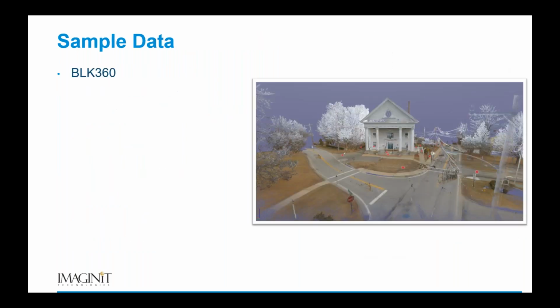All right, let's look at some of the sample data. This is a BLK 360. This is data I took in my town here, and you can see that along the road there's what looks like a lot of noise. I wanted to leave that in because it's very important to understand that the scanner is going to pick up people moving through a scene, or cars or trucks in my case, moving through a scene.